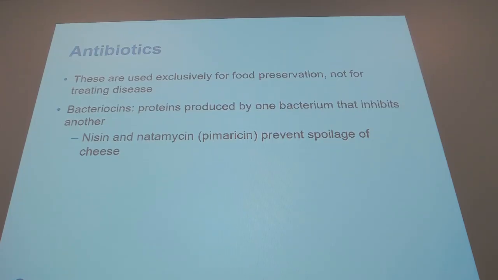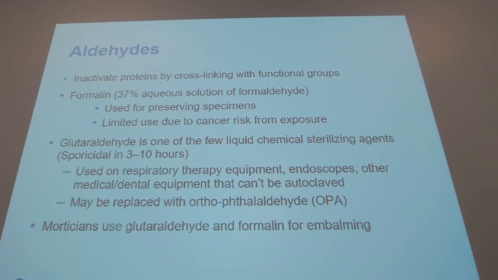After that, you're supposed to get rid of it and get new cosmetics. So those were antibiotics and chemical disinfectants that can be used in food products and that you can consume in a way.